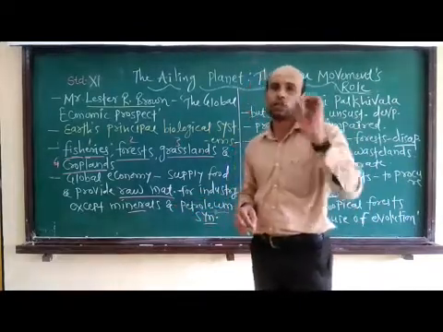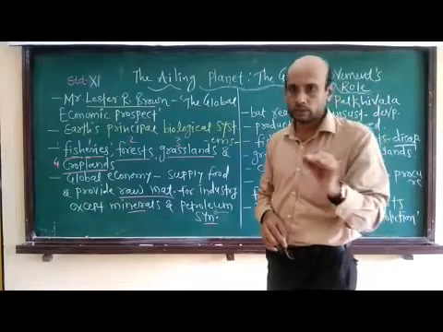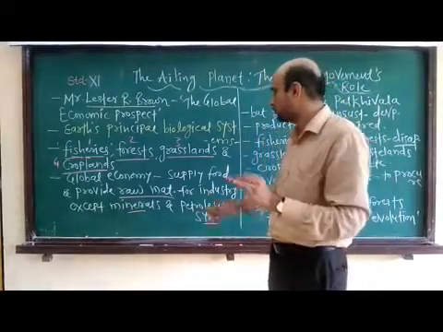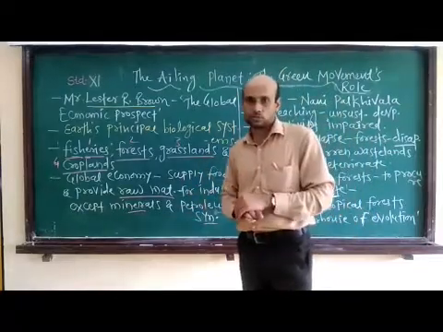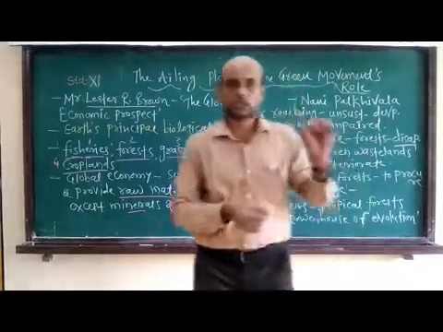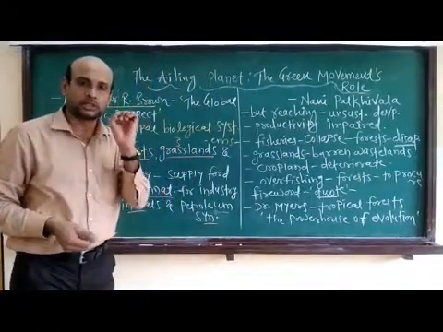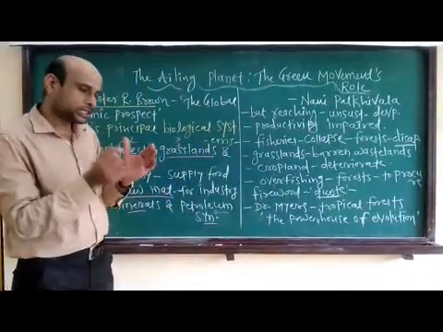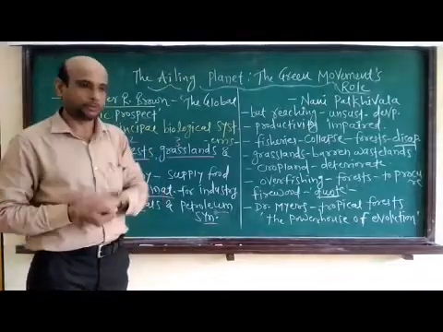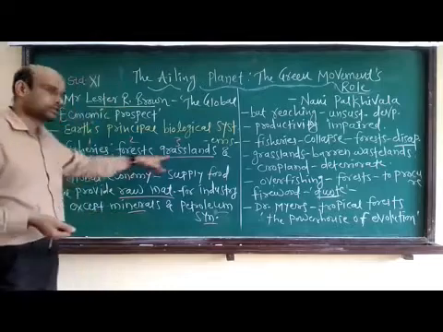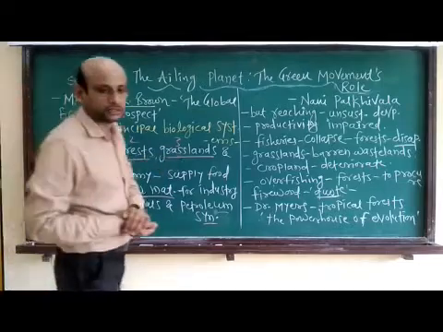They provide each and everything: food plus raw material required for industries. So that's why these four principal biological systems are the base and foundation of the global economy: fisheries, forests, grasslands, and croplands.